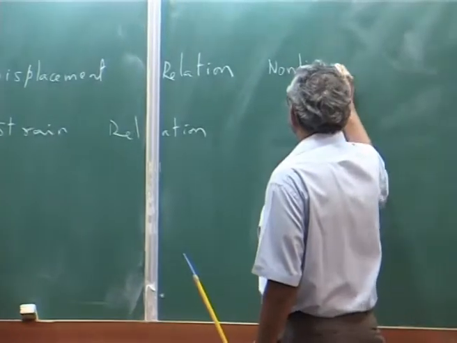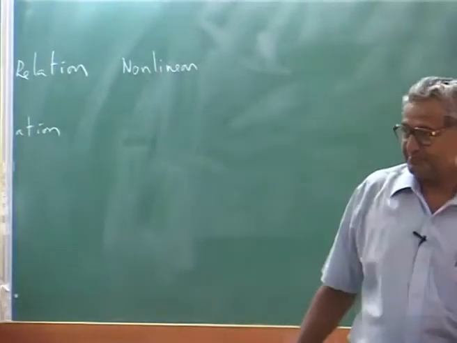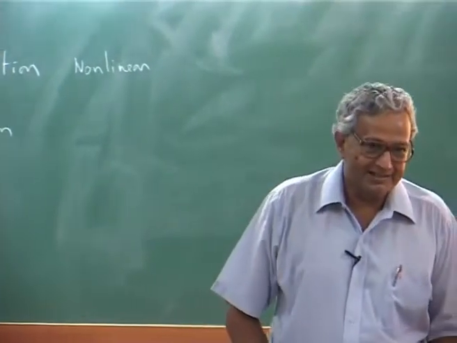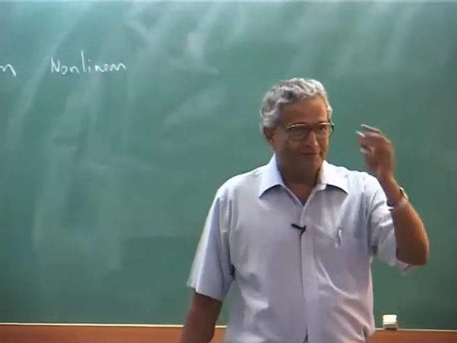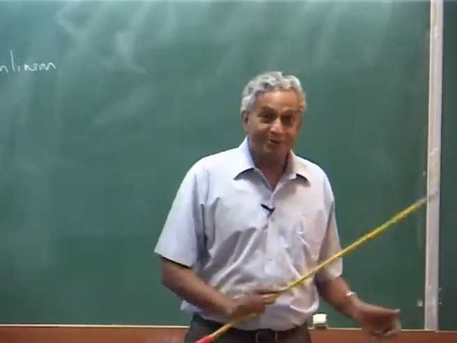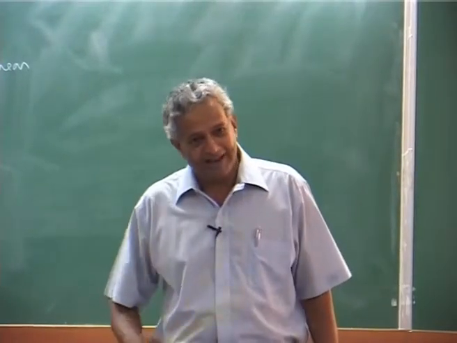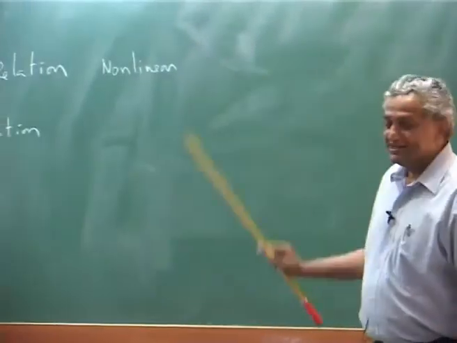And this is the nonlinear expression. If you take only the linear term, you will find that you will not be able to get the proper representation of the rotating beam. So, that is the key. You have to have the nonlinear relation.